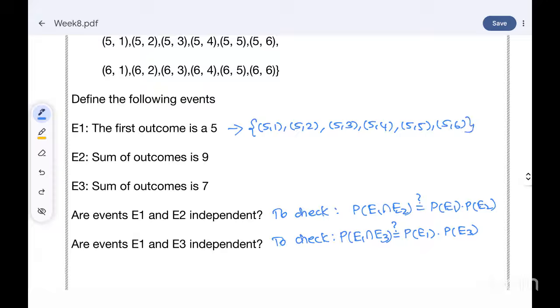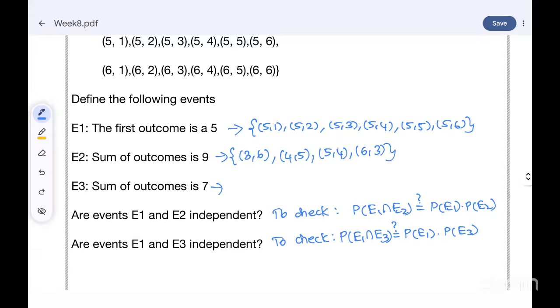Now, what are the entries in E2? 3-6, 4-5, 5-4, and 6-3.